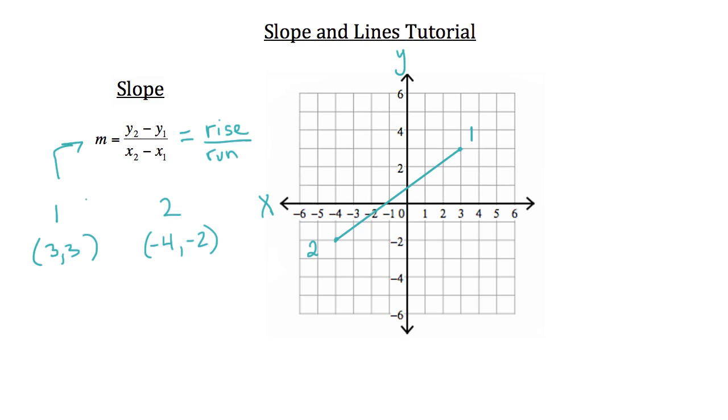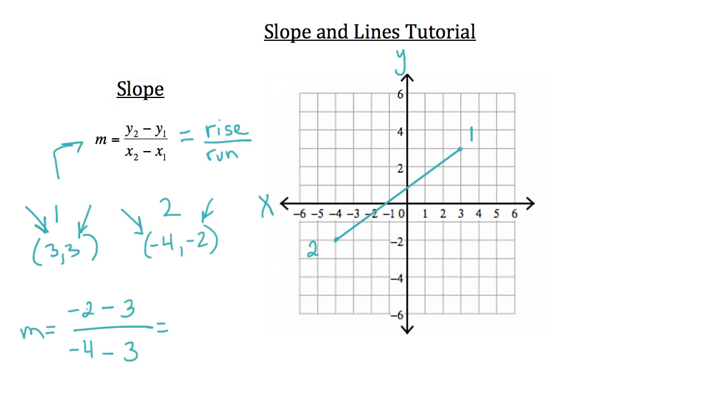So we'll begin with the y from coordinate 2, which is -2, minus the y from coordinate 1, which is 3, divided by the x from coordinate 2, -4, minus the x from coordinate 1, which is 3. And that's equal to m, the slope.